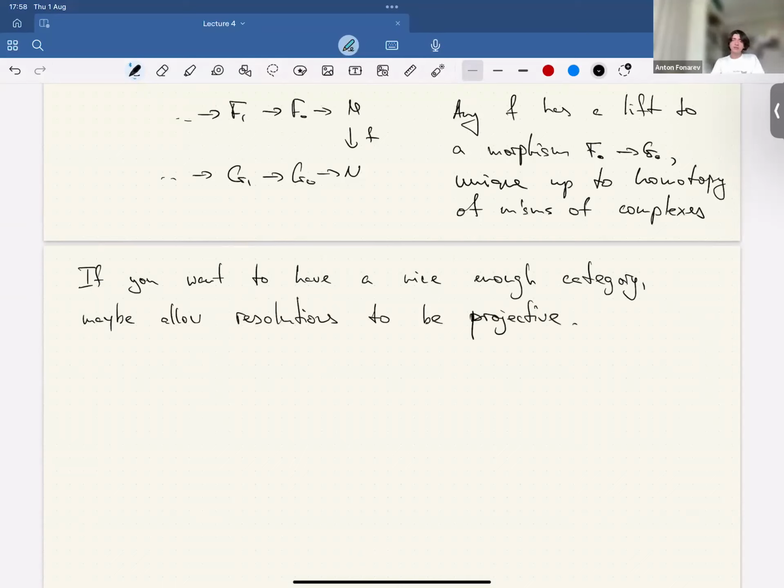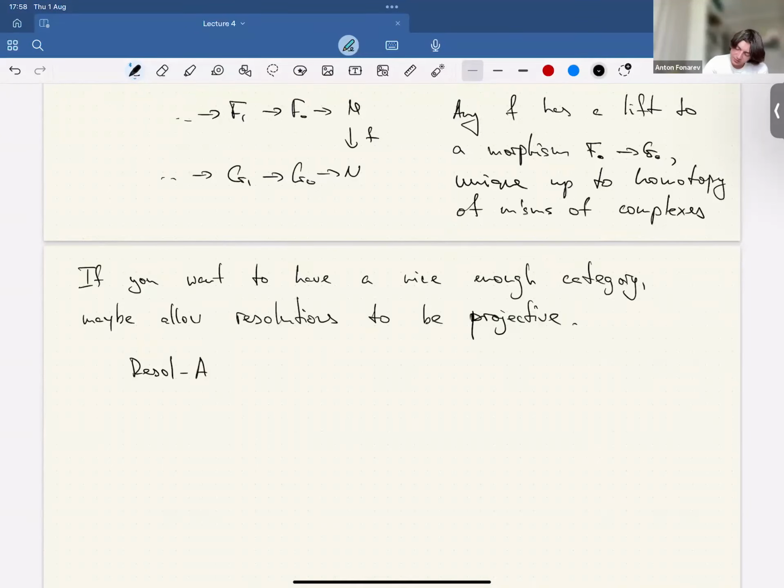So far you don't need it. I mean, you can literally do this free one. All right, so what do you actually get? You have this category of resolutions over A. And what is this category?